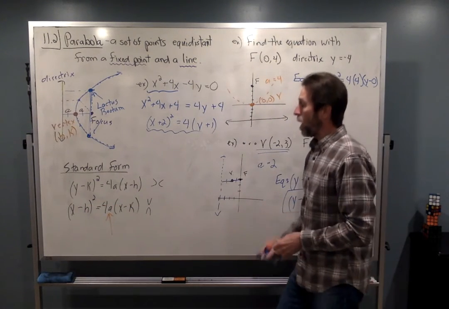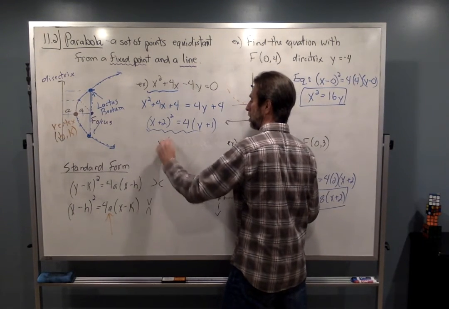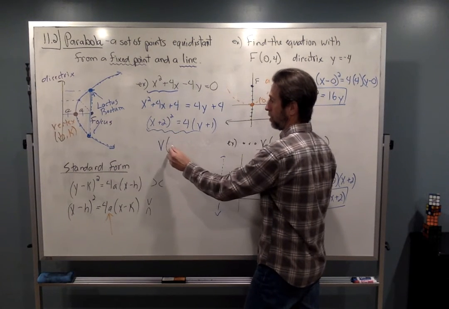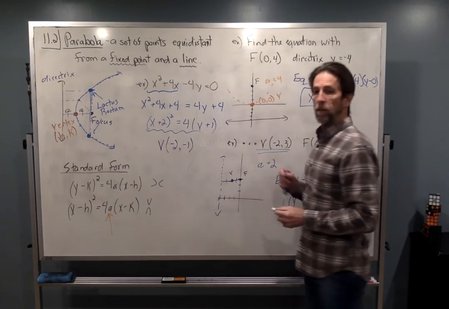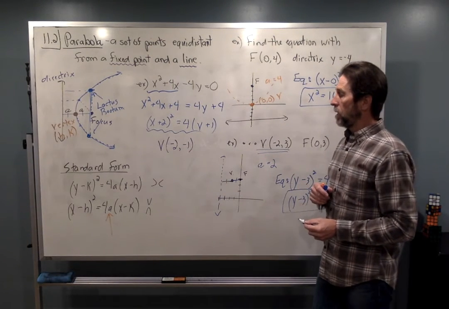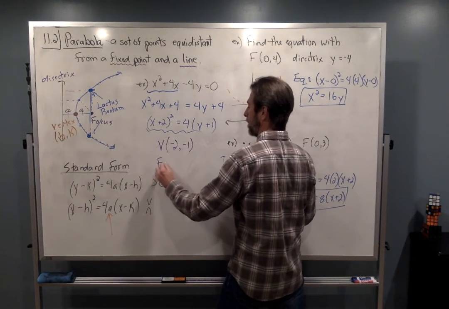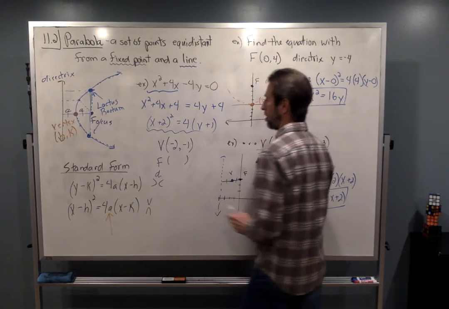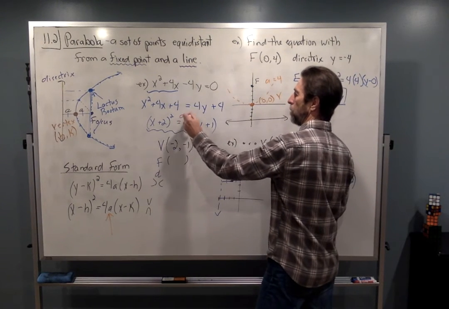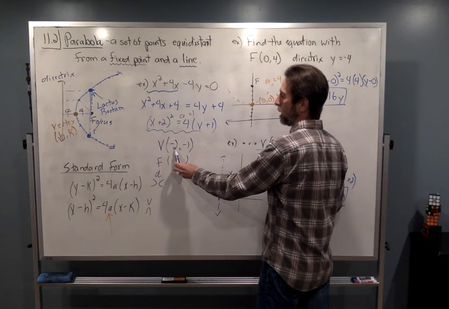So without too much trouble, I think I know the vertex. The vertex is going to be (-2, -1). So that would be the vertex of this parabola. If I wanted maybe the focus or the directrix, I would have to know a. And in this problem, a is going to be 1. So it's basically moving one unit in one direction from the vertex.